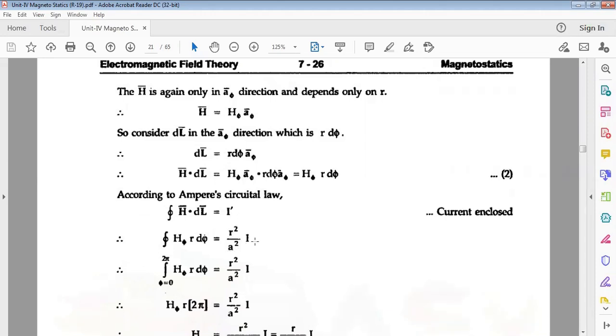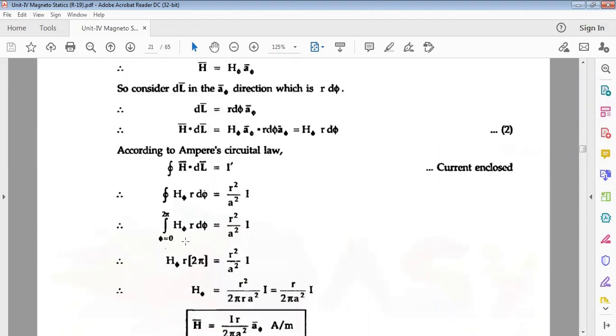We got I dash as r square by a square into I. So H phi into 2 pi r is equal to r square by a square into I.